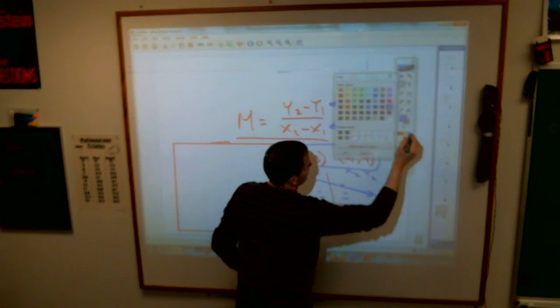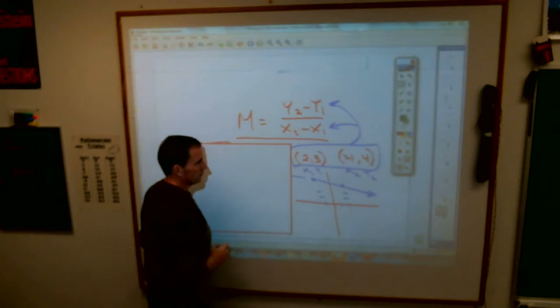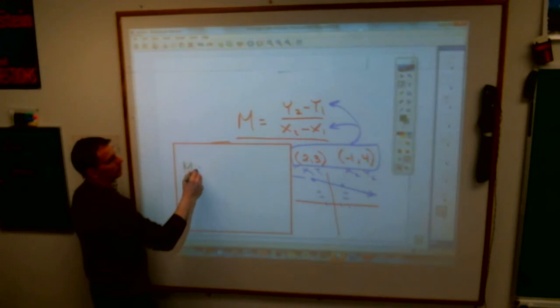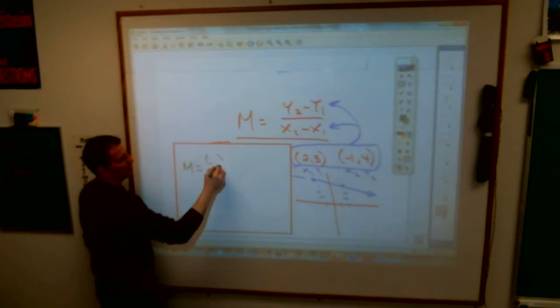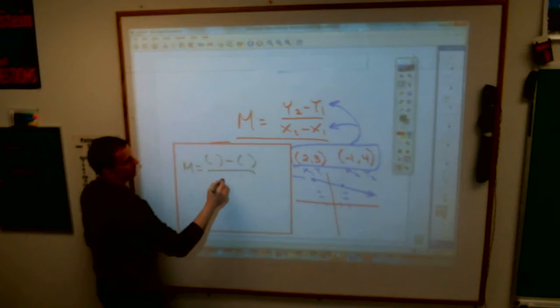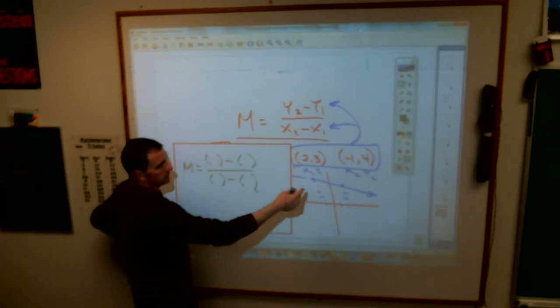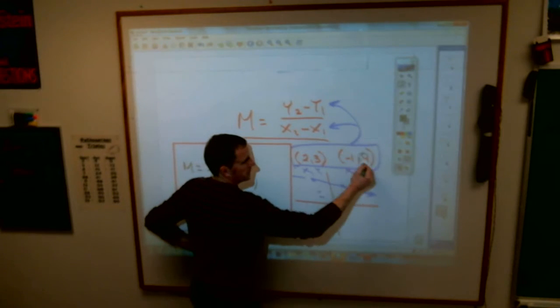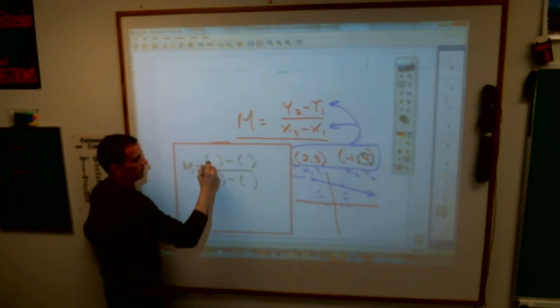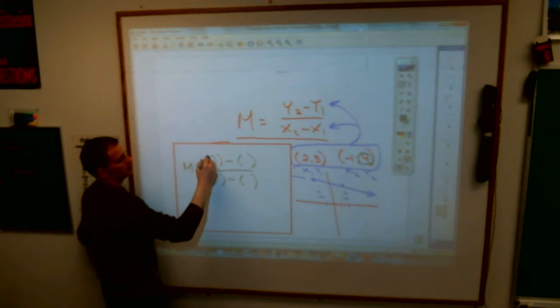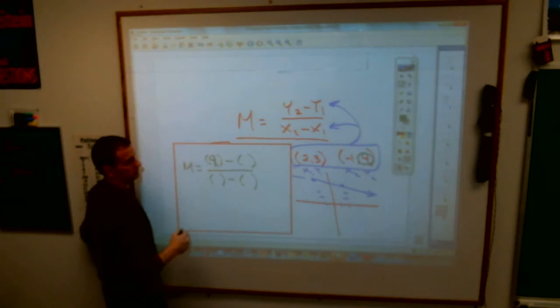And again, I warn you as I do all the time, I would write parentheses with these. Slope equals y2 minus y1 over x2 minus x1. I labeled this as my 2's, so here's my y2, y2, y2. Doesn't that look like a good one?